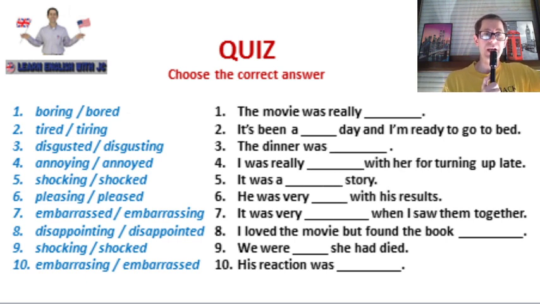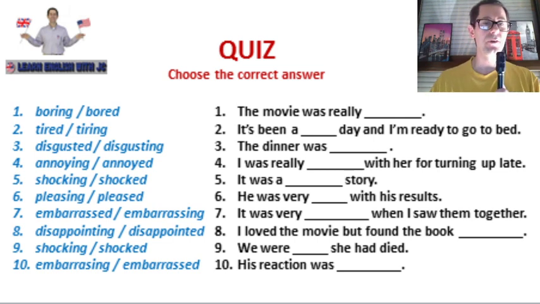We are going to do a very short quiz, only 10 sentences, and we are going to put into practice the theory that we just learned. It's very, very easy. Don't worry about it. Remember, if you are describing your emotions or your feelings, ed. If not, ing. It's very, very simple.